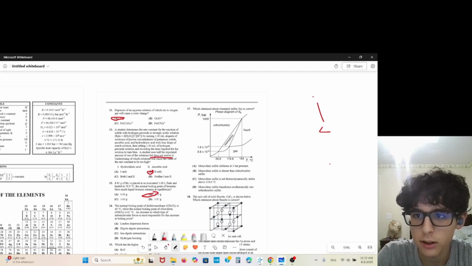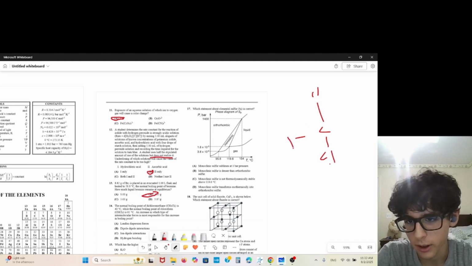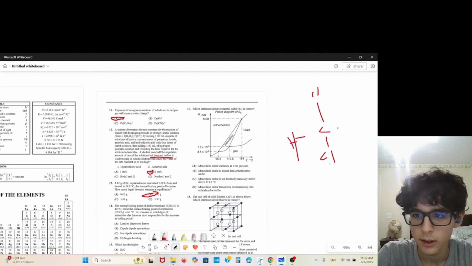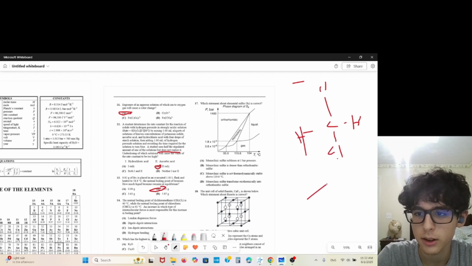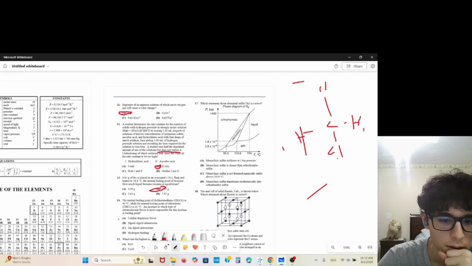C, Cl, Cl, H. Doesn't matter where the Cl's are, but it's always better to have things symmetric, right? So you're going to have your dipoles, negative, negative, positive, positive, right? These are going to cancel out. So it cannot be B. What's the ion here? Can be an ion if it's in the compound. Hydrogen bonding, no. So it's LDFs.